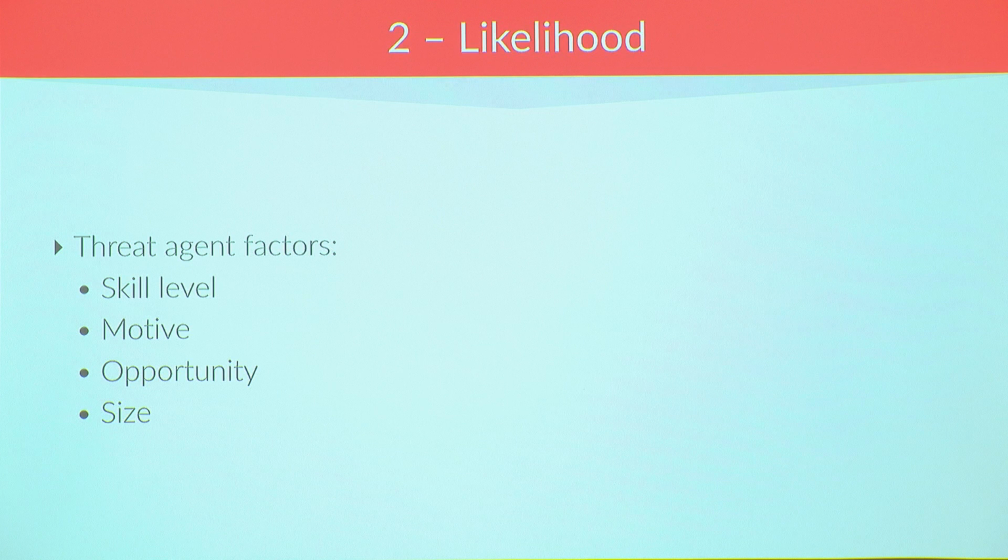Then we're going to look at which countermeasures are worth implementing. In order to rate and prioritize, you need to understand 2 things. You need to evaluate the likelihood. There are different contributing factors that increase the likelihood. One of them is based on the threat agents, so the factors come from the threat agent itself.